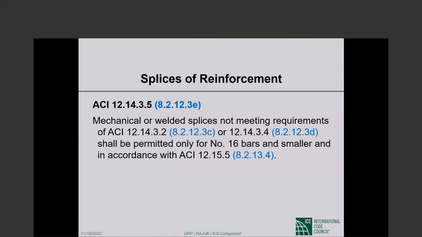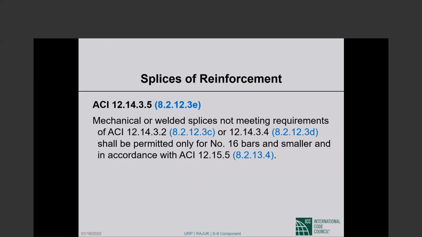So less than full mechanical or welded splices shall be permitted only for number 16 bars and smaller, and in accordance with a section that gives you a number of other conditions. So you cannot just do it willy-nilly. It has to be smaller bars, and there are conditions attached. They're pretty onerous conditions. This less than full mechanical or welded splice has been deleted from ACI several editions ago. We don't have them anymore.